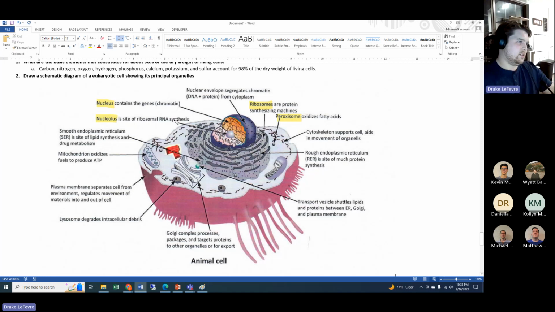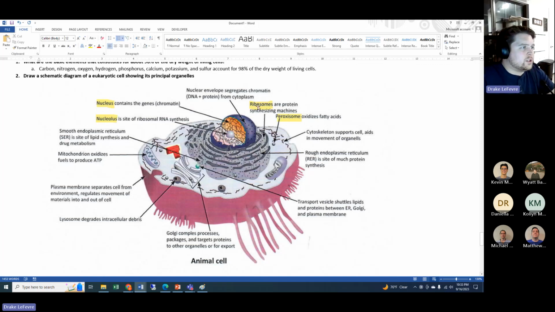I personally would make sure that I read through this entire thing because this trimester, especially, we're going to really focus on the nucleus, the nucleolus, the nuclear envelope, a little bit of the ribosomes, the rough ER, the mitochondria, and plasma membranes.